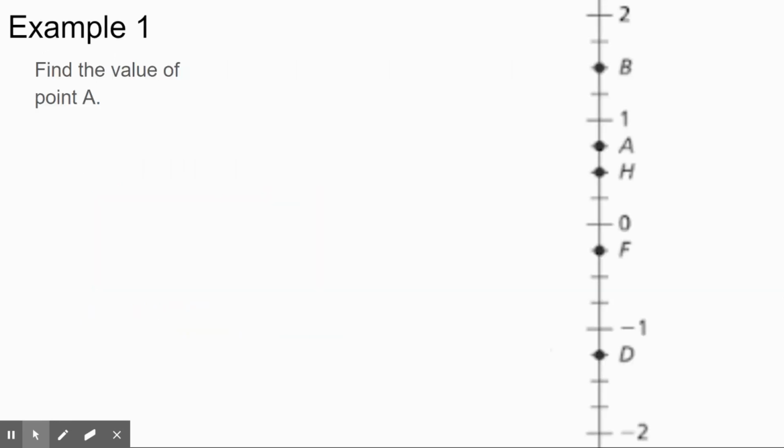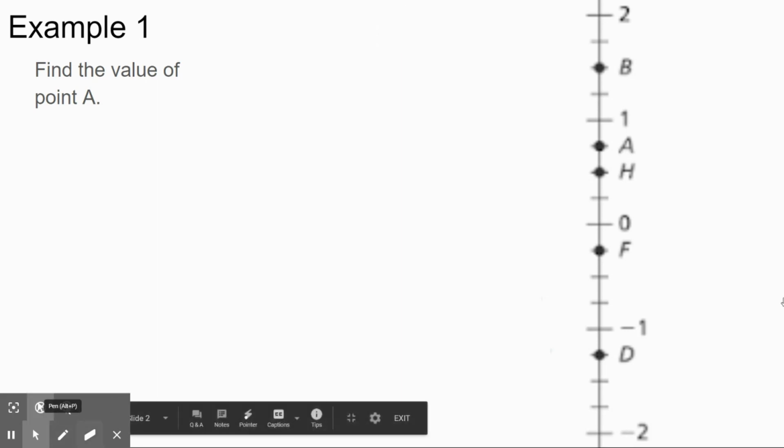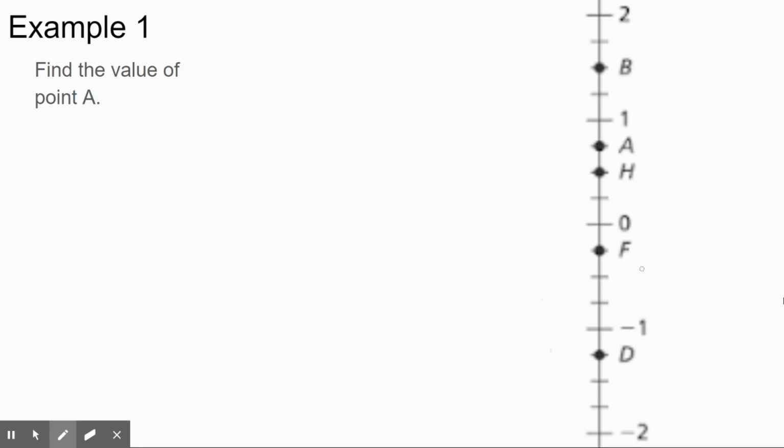Example 1, we want to find the value of point A. Before we do that, let's make sure that we know how our number line is organized. The first thing you always want to do whenever you're looking at a number line is see if the origin is present. The origin is just where 0 is, and then we can also do that with the rest of our whole numbers as well.